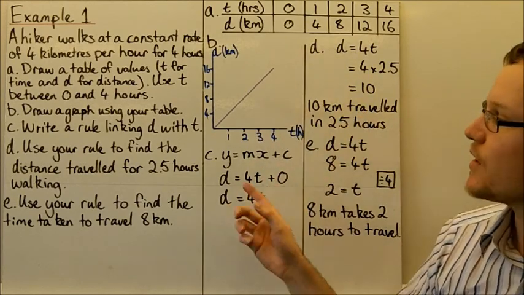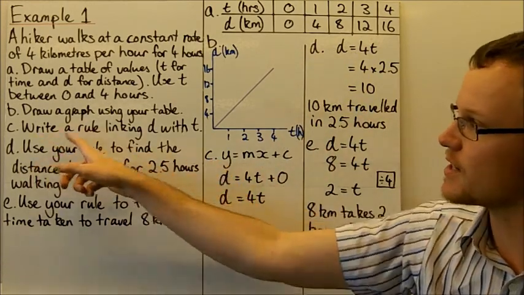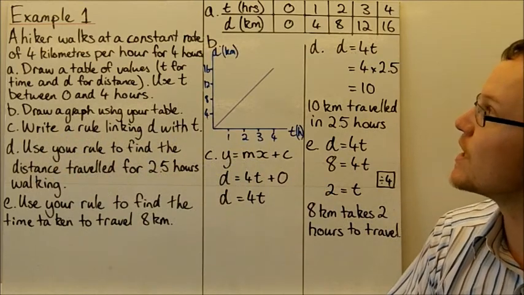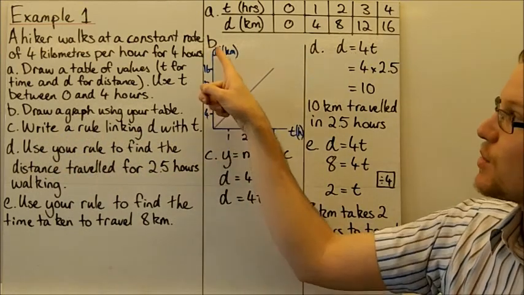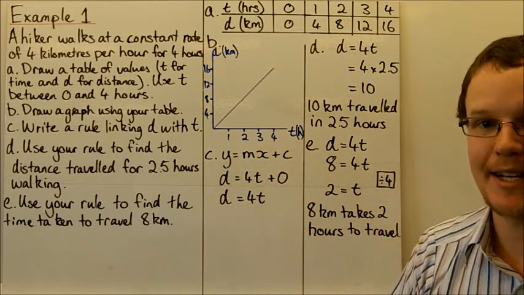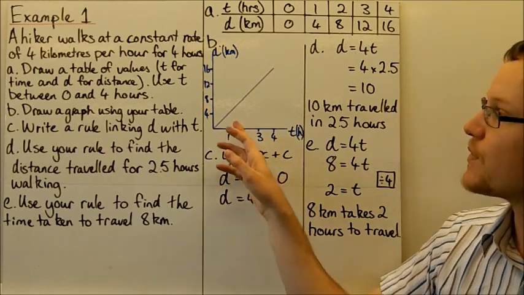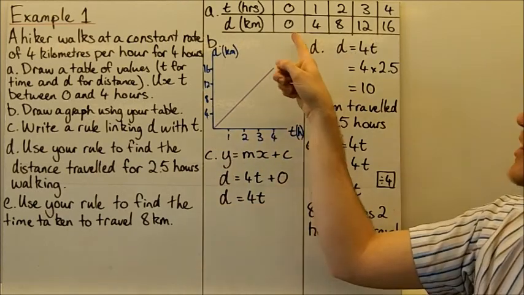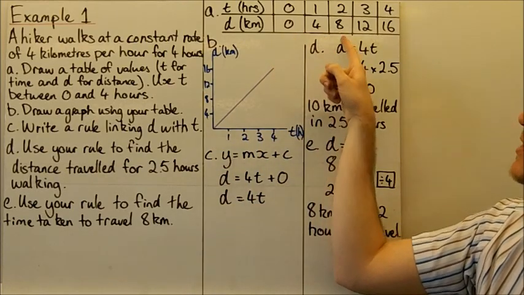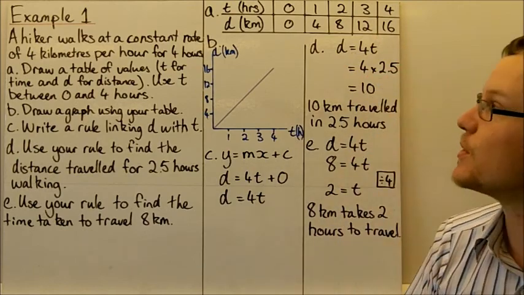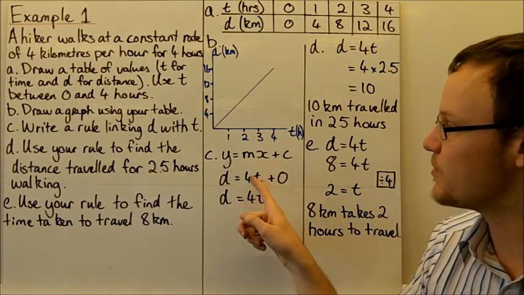To find the rule for part c, write a rule linking d with t. Our distance is on the y-axis and our time is on the x-axis. Every hour we've increased by 4, so our d has increased by 4, 4, 4, 4. So our m value is going to be 4.